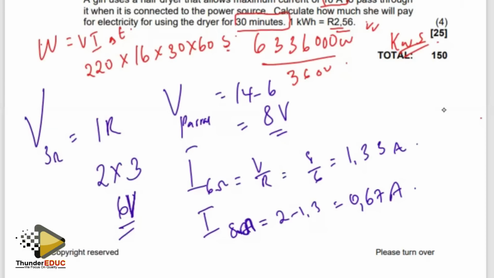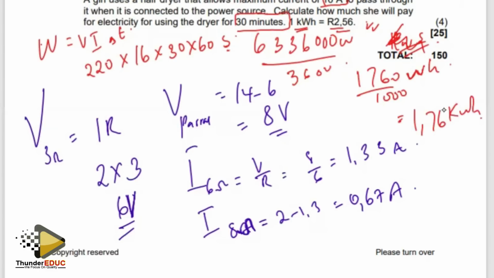Divided by 3,600. I'm getting 1760 watt hour. But the unit of electricity is in kilowatt. Divide by 1,000 again, which becomes 1.76 kilowatt hour. So 1 unit and 76 points.